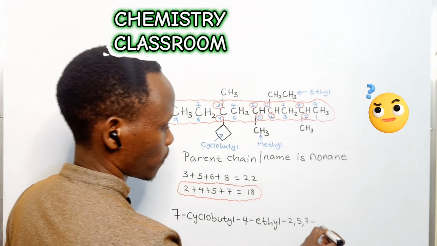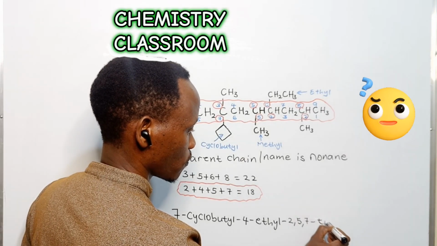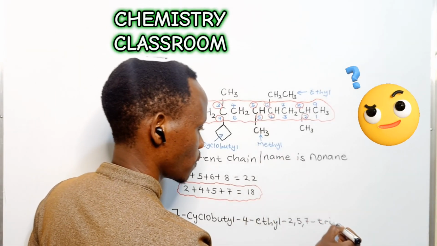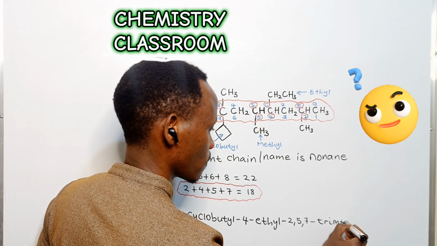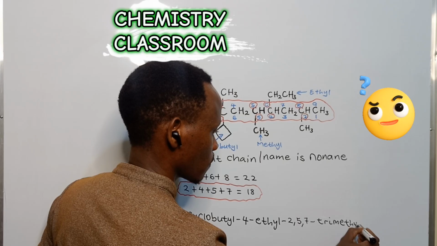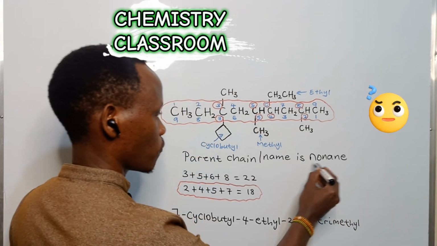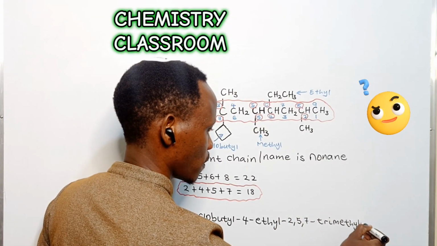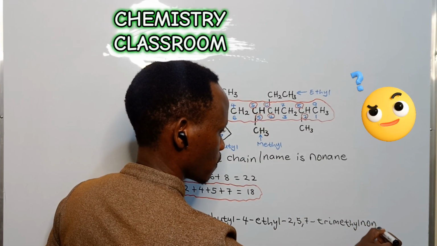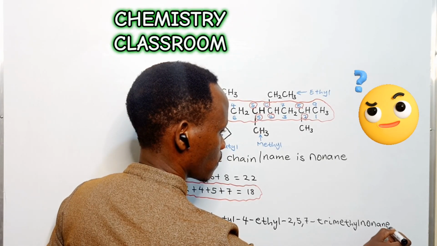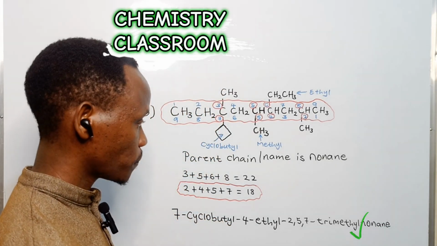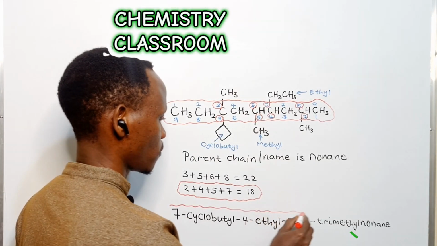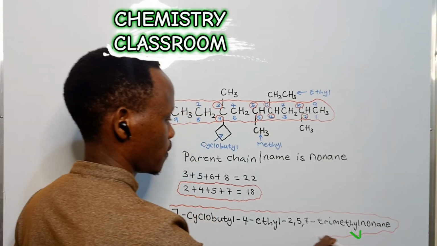Because they are 3, we use the prefix tri to indicate that they are 3, and then the name of each of them, methyl, followed by our parent name. The parent name we obtained there is nonane, as simple as that. For matters of emphasis, I circle it in red.